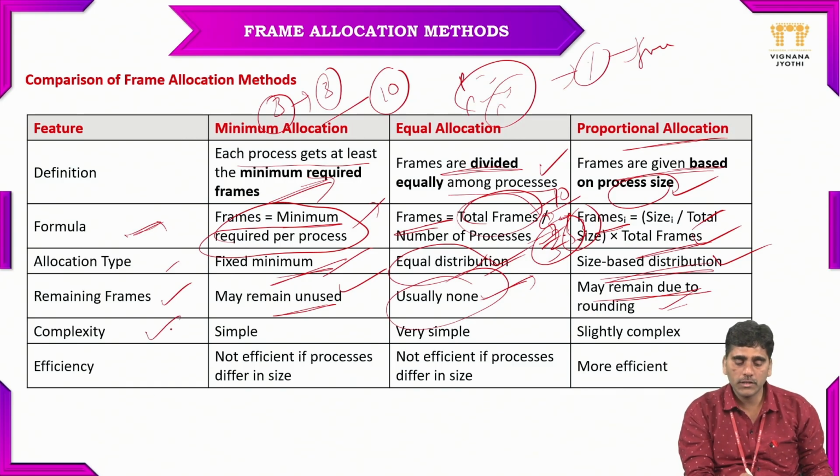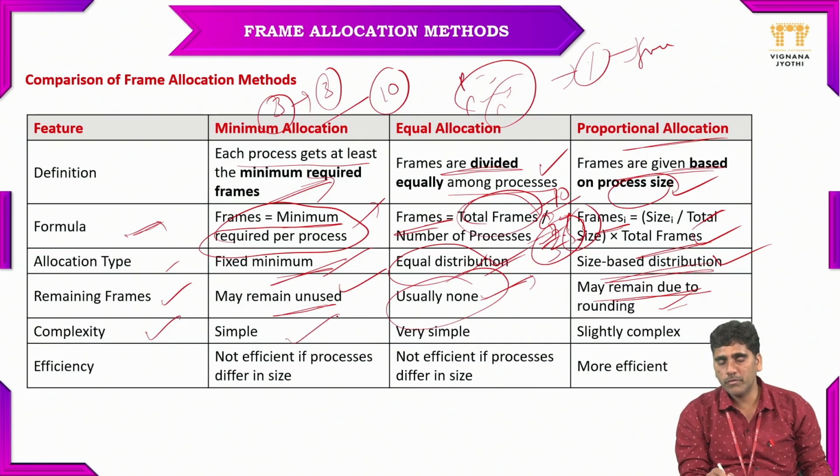And on complexity, minimum allocation is a simple way to allocate, each process is allocated simply. Equal allocation is also very simple, because we are just dividing among everyone. Proportional allocation is slightly more complex or difficult than these two methods. On efficiency, minimum allocation is not efficient if processes differ in size.